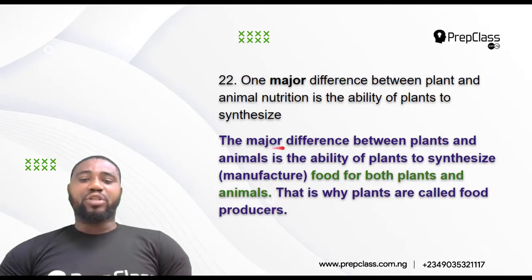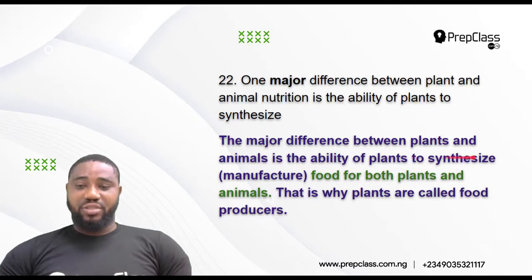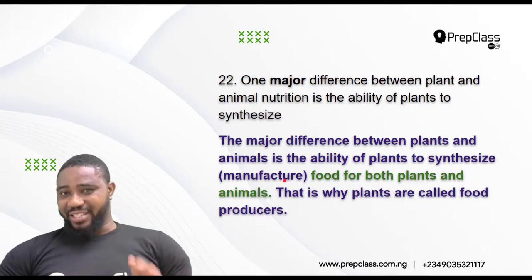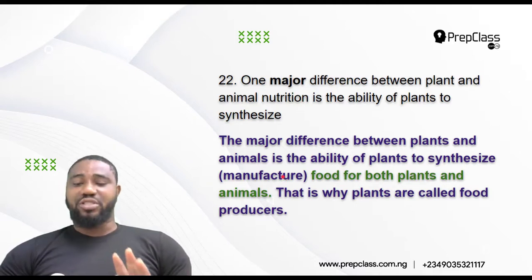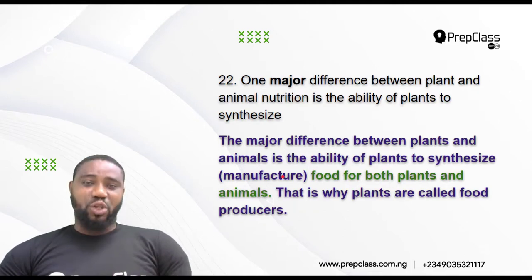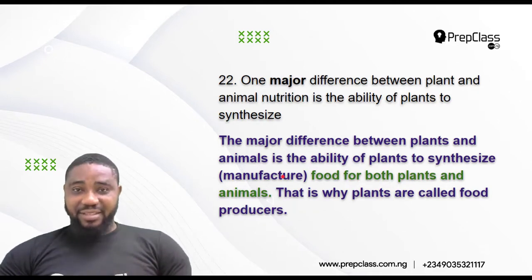Now, the major difference between plants and animals is the ability of plants to synthesize or manufacture food. So the ability for plants to photosynthesize, to carry out photosynthesis, is the major difference between a plant and an animal.